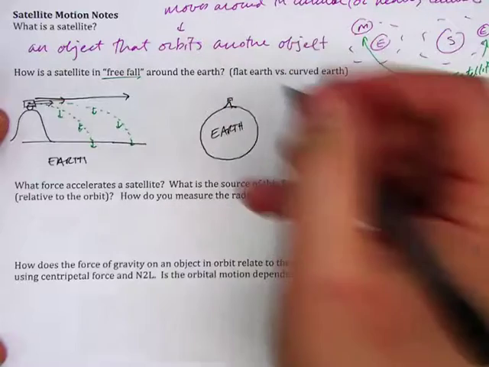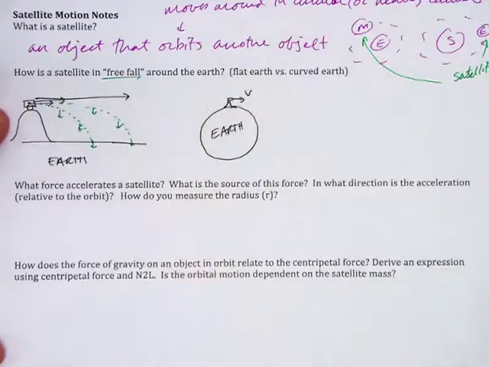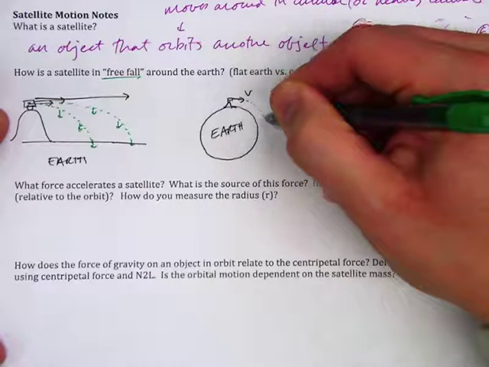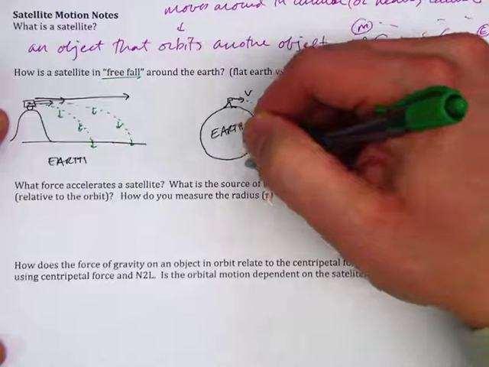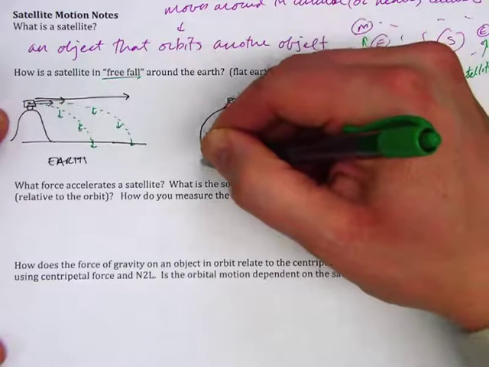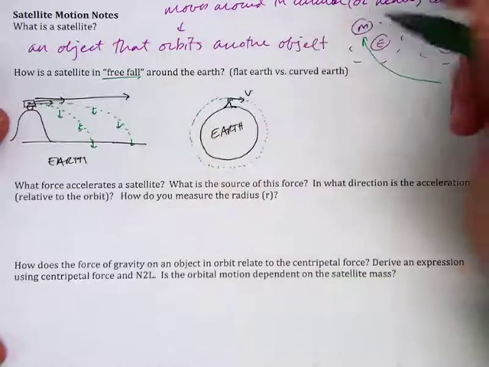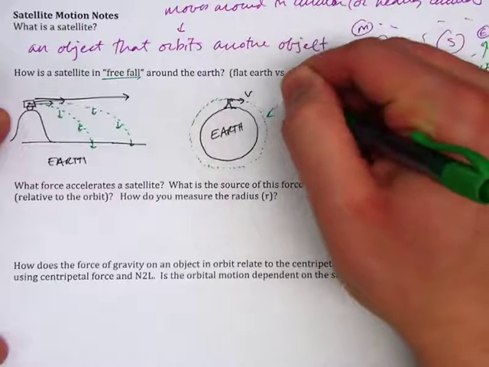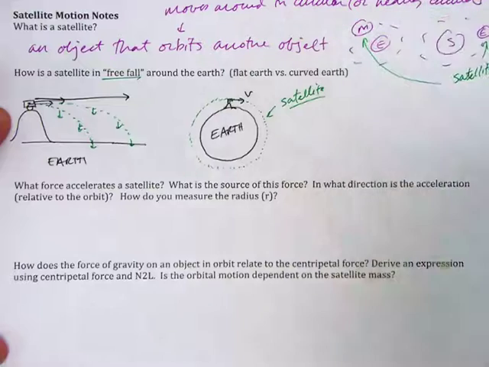This cannonball was fired with such a strong initial velocity that as it fell to the Earth, the curvature of the Earth also fell beneath it, so to speak. So it kept going and going and came back right to where it had started. If that was the case, this object has now become a satellite of the Earth.